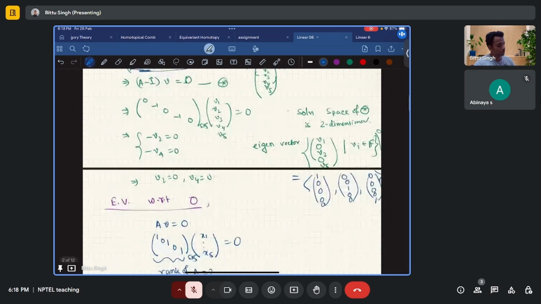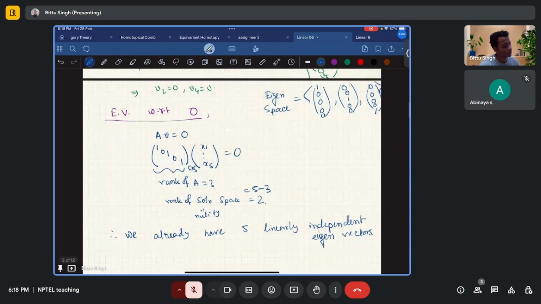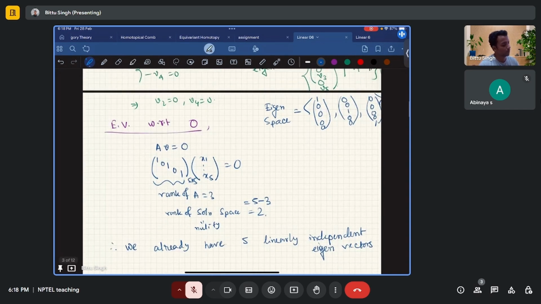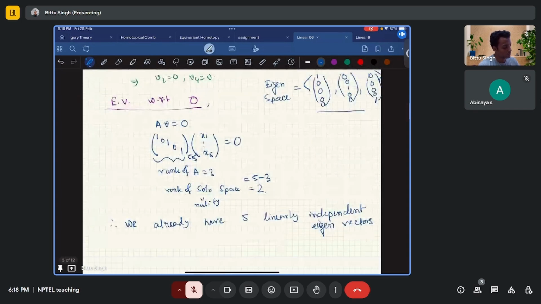This is called the eigenspace, because it contains all eigenvectors including 0. It is spanned by those three elements, and here we have seen that the eigenspace corresponding to 0 has 2 dimensions.